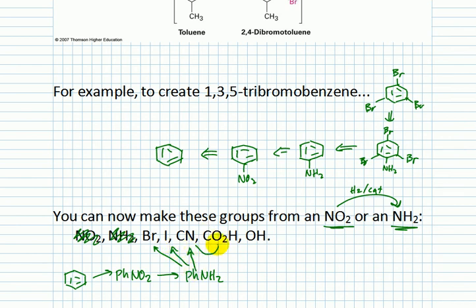I showed you on the last page how that nitrile can be made into a carboxylic acid. We can use Ag2O to make that into a hydroxide. Or, using what we saw before with that H3PO2, we can just get rid of that group altogether.